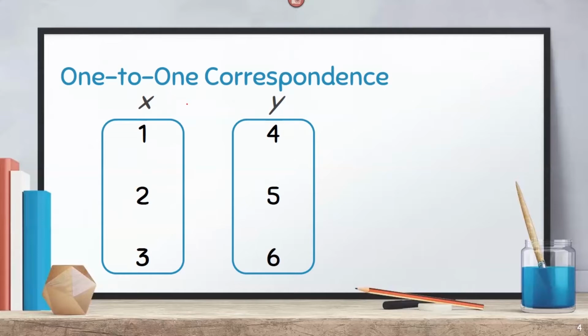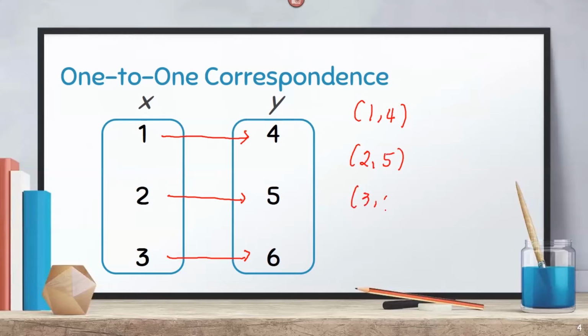In this illustration, say we pair 1 to 4, 2 to 5, and 3 to 6. It will form now 3 ordered pairs such as (1, 4), (2, 5), and (3, 6).